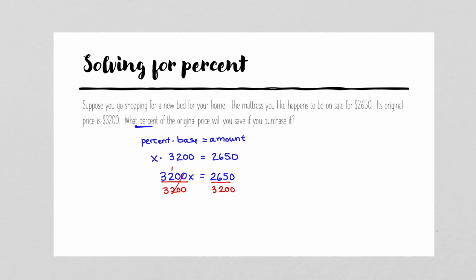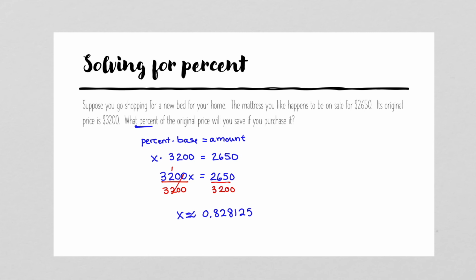Pulling out my calculator, 2,650 divided by 3,200 gives us approximately 0.828125. Oh, this is a long decimal, isn't it?